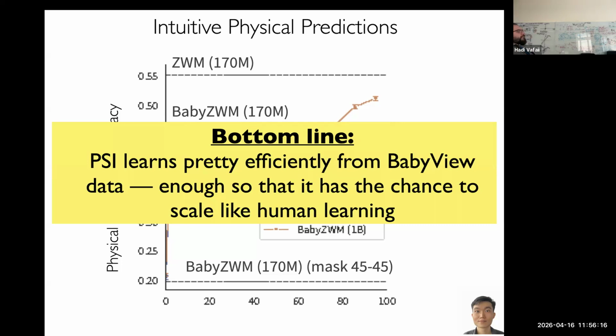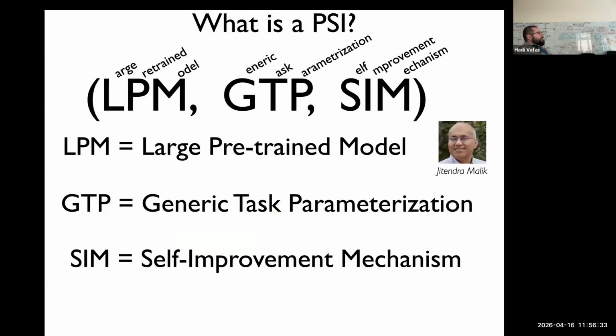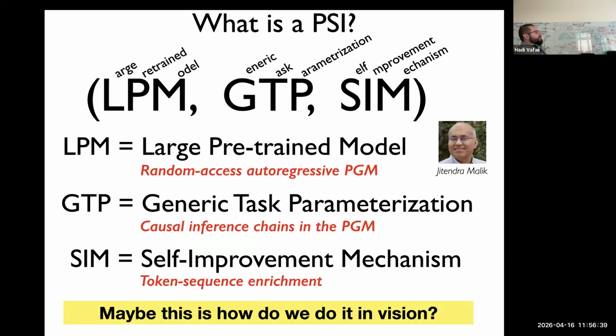So back to the problem that we originally started talking about. I don't think that everything has been solved here, but at least the type of data you actually get, and the amount that you actually get, with the considerations that I've told you here, produce very efficient learning. So if we go back to our PSI language model analogy, what's the large pretrained model? It's the PGM thing.